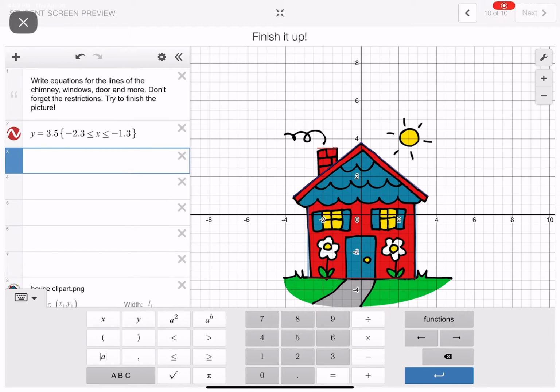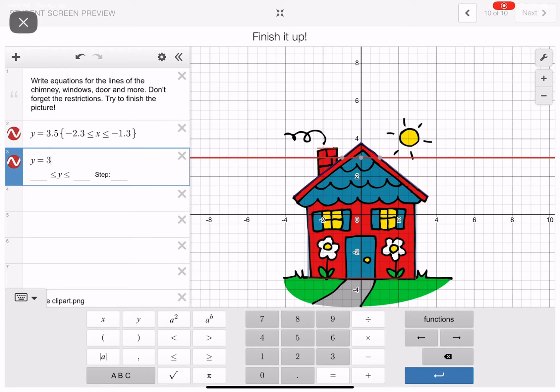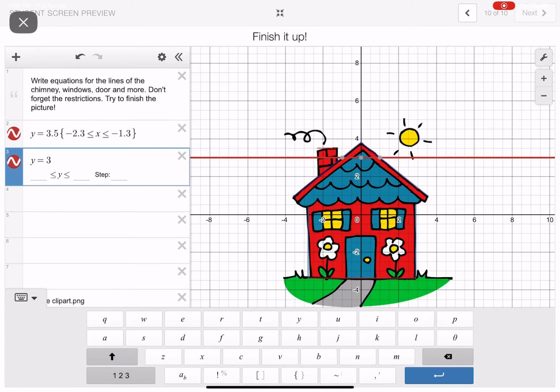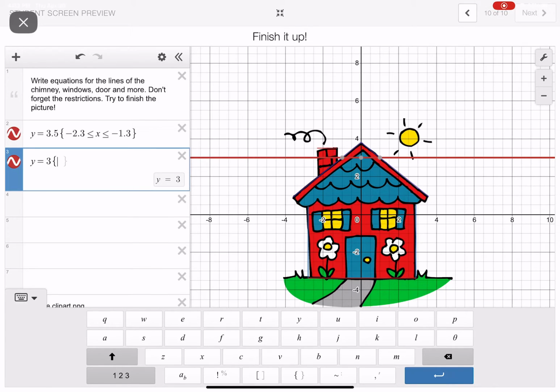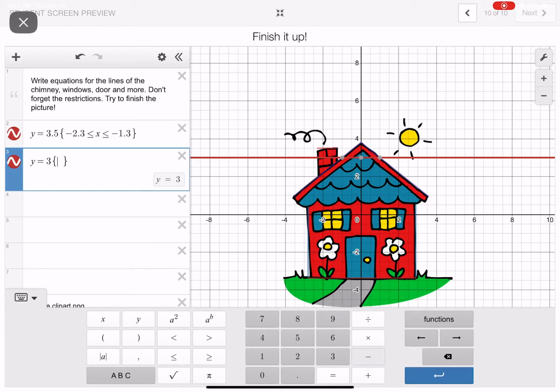Now, if I wanted to do the next line down in the chimney, some of this stuff is going to repeat. It's not as high as 3.5. It looks like it's about 3, maybe. And the things in the curly brackets match. If you're on a computer, it's really easy to copy and paste. If you're on an iPad, you tend to have to retype it.